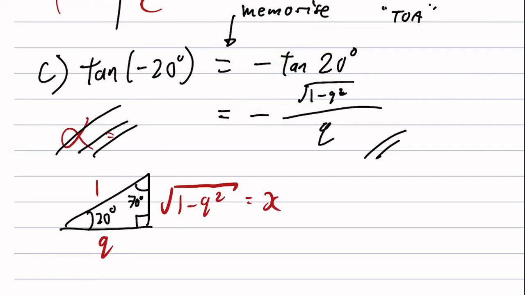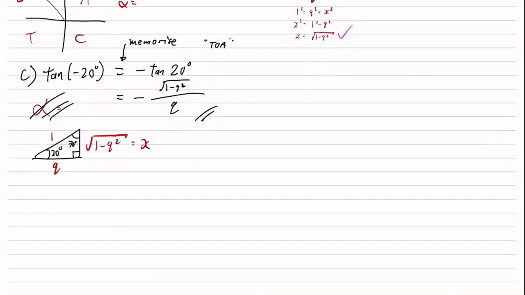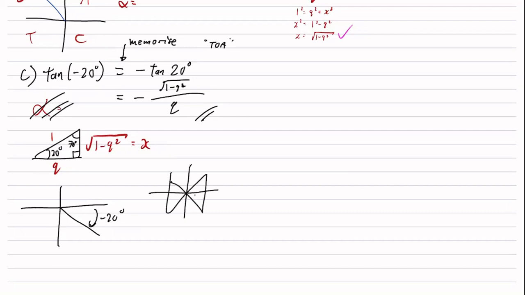Alternatively, you could have done it using the alpha method, finding the alpha first. So tangent of negative 20 will be what? Clockwise negative 20 degrees. Where's my alpha? Ribbon diagram. So draw a ribbon. Realize that here is alpha. Alpha will be a positive angle. So alpha equals positive 20 degrees, which means my tangent of negative 20 is actually tangent of the positive acute reference angle 20 degrees.